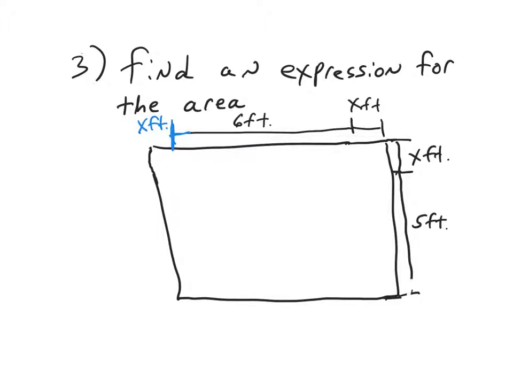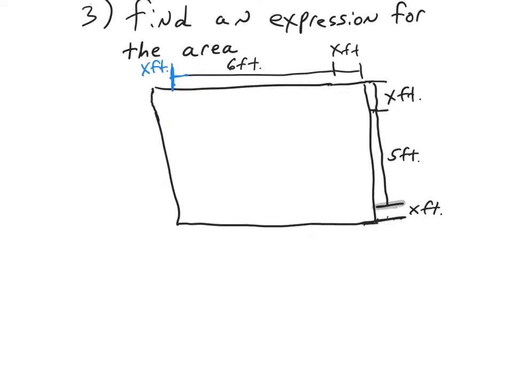So it's going to end about here. So we're going to have another x feet here. Okay, so that's an easy mistake. So remember, always look at the picture real carefully to make sure what's going on.